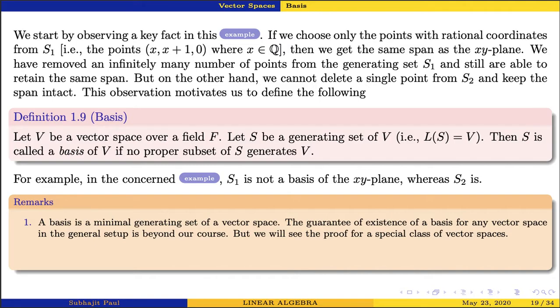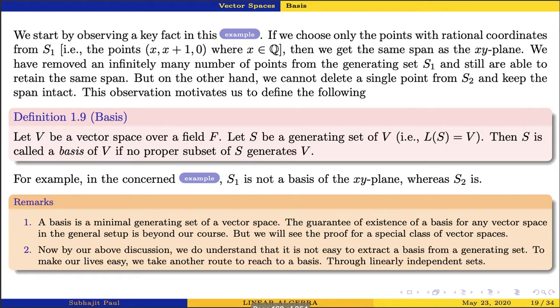All right, the existence of a basis, a minimal generating set, the proof is definitely there. It is sort of an equivalent proposition to the axiom of choice, in Zorn's lemma, and we are not going into that, but we'll see the proof for a special class of vector spaces in this lecture.